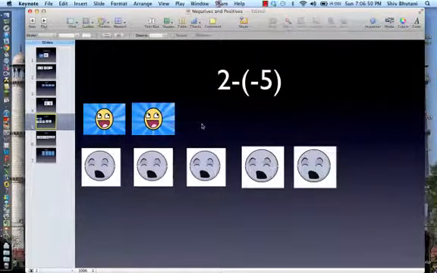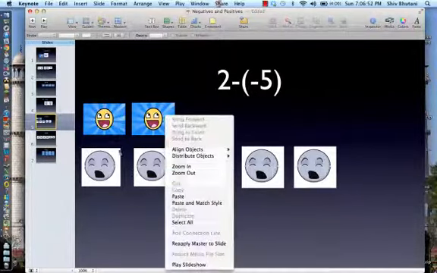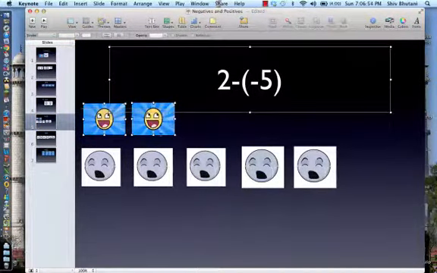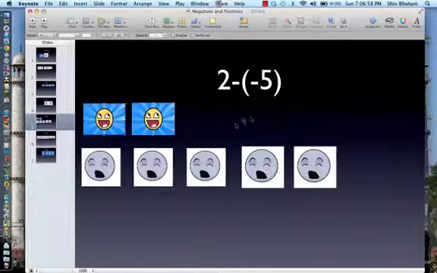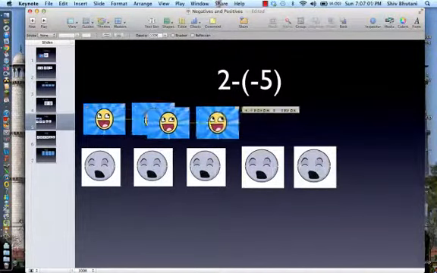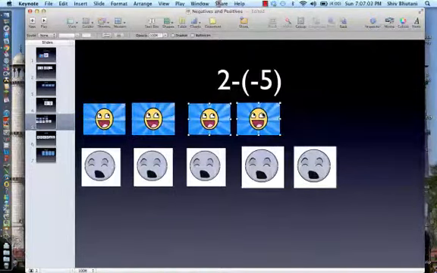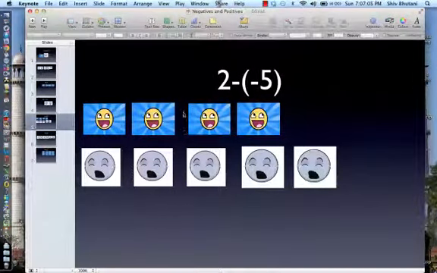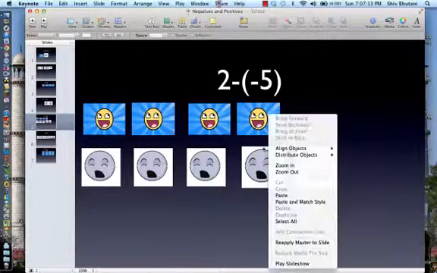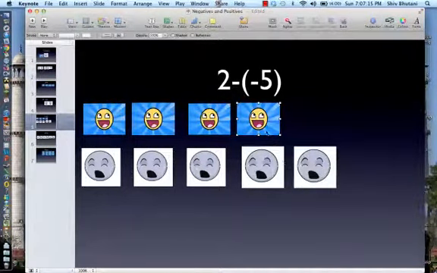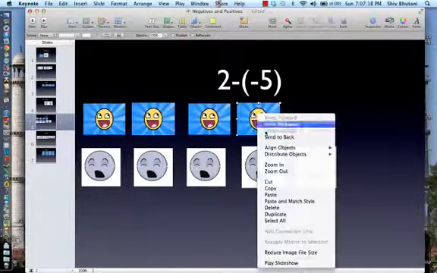Let's say if I were to take these two and copy them, and then paste them, so we're adding 2 0 pairs, and then these two would cancel each other out. But in this case, we're actually going to add 5 0 pairs because there's 5 negatives. So we just put 2, right? So we have to put 3 more.